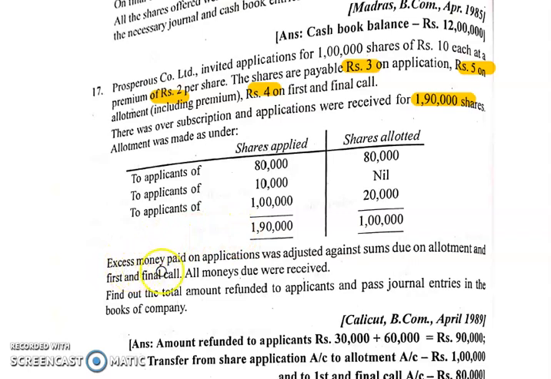The excess money paid on applications were adjusted against the sums due on allotment, first and final call, all money. So other entries are the same. Only one thing is you have to work out the table. If you work out the table, it will be easy for you. Find the total amount of refund to the applicants and pass journal entries in the books of accounts.